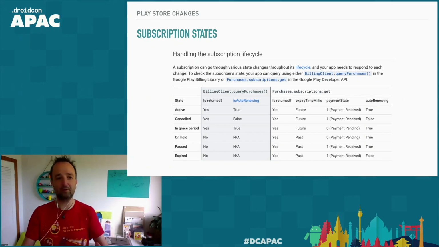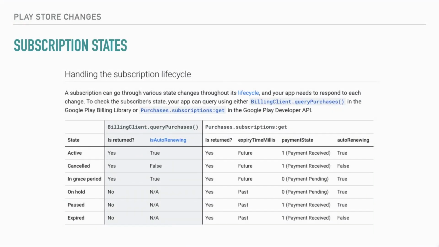And just to give you a bit of an overview, the subscription lifecycle can be challenging sometimes. You have a variety of states, and then depending on what you're doing, either in the Google Play billing library, which is the second column, or in the backend API, which is the third column here, you get sometimes different responses, and they can be sometimes unexpected.